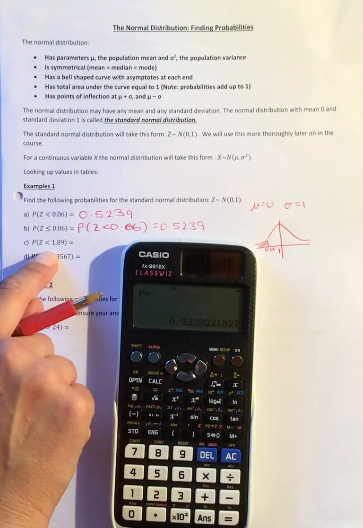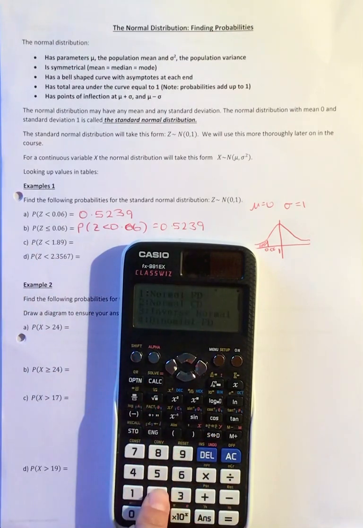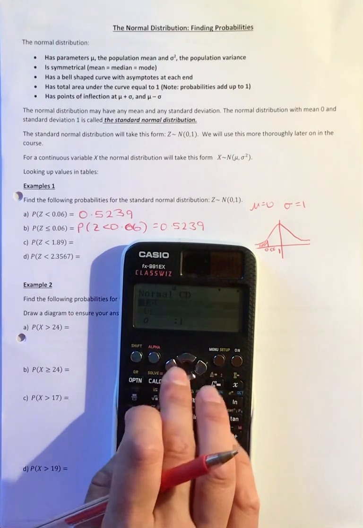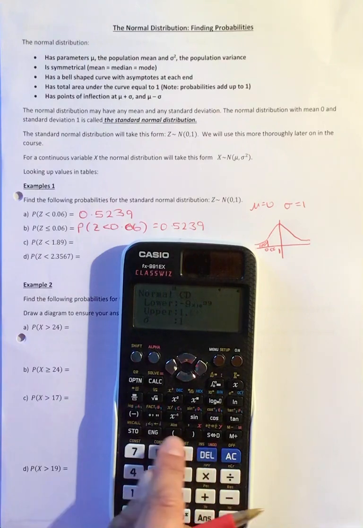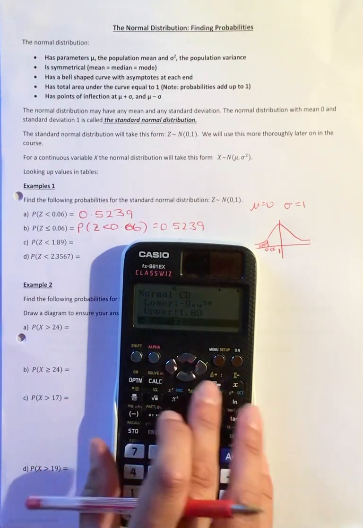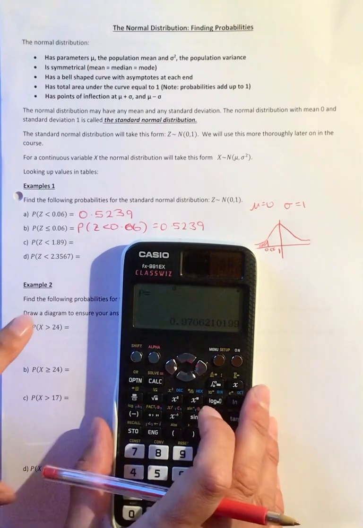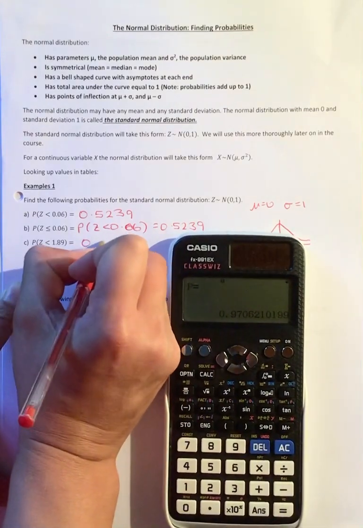If we want the probability Z is less than 1.89, let's go back in. And we're going to still keep our lower value very, very tiny. Our upper value this time is 1.89. We've still got a standard deviation of 1 and a mu of 0. So we get 0.9706.